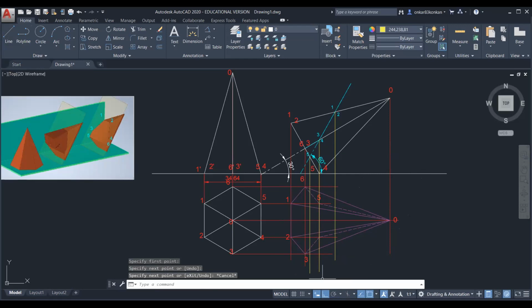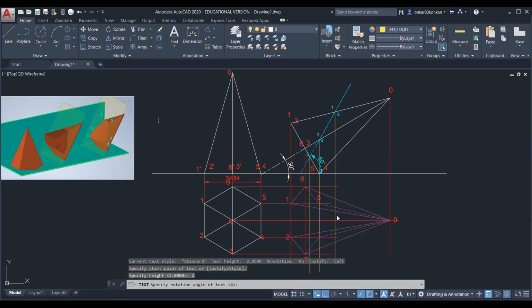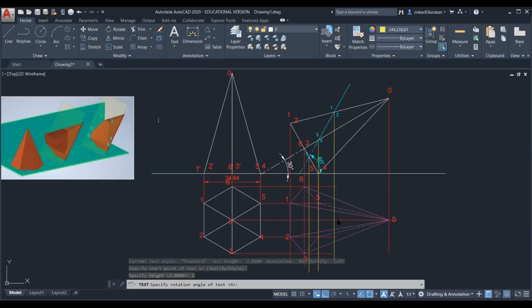So 1 and 2 are on the edge O1 and O2. Just observe this top view. So this is O1, this is point 1 and this is point 2. Then 3 and 4 are on O6 and O3.